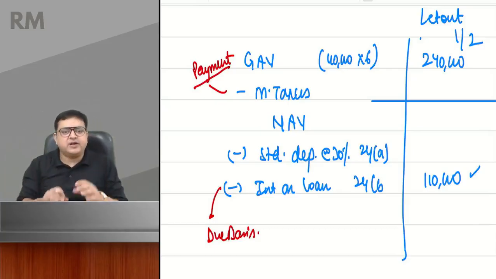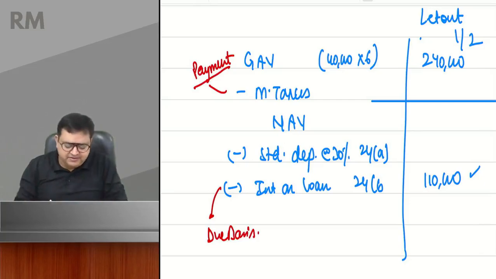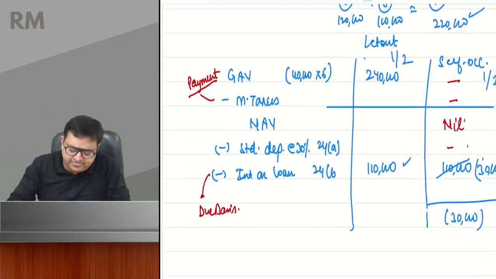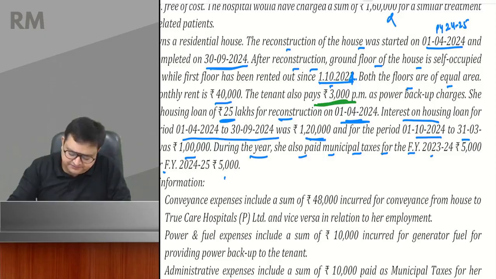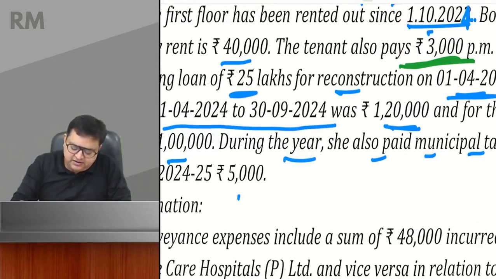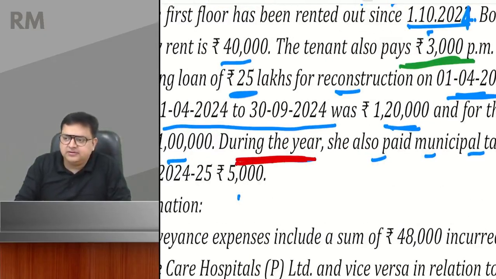It will be allowed right here. Correct? This is called payment basis. So tell me, municipal taxes, during this year, I need how much is paid. To which year it relates does not matter.